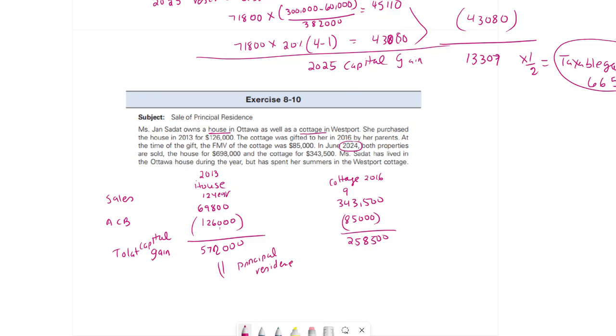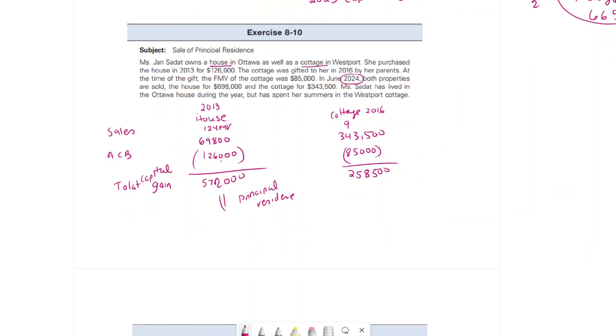When you do that, we have to calculate the average annual gain first. Annual gain on the first one: 572 divided by the number of years owned, that is 12. The average annual gain on my cottage is 258,500 divided by 9.